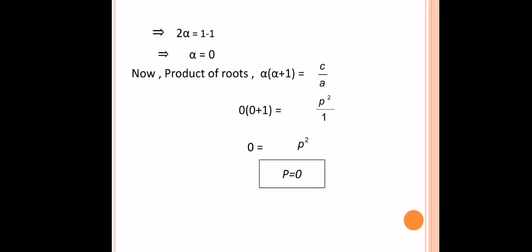If the question says the roots differ by 3, then you can select your roots as alpha and alpha plus 3, or alpha minus 3 and alpha. So keep the condition in mind, that is, what is the difference between the two roots. Whether the difference is 1, 2, or 3, you will have to take your roots accordingly.